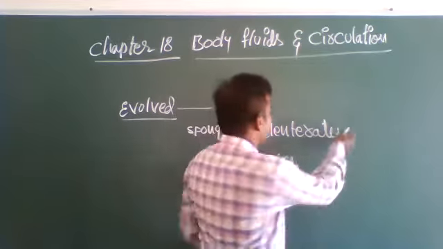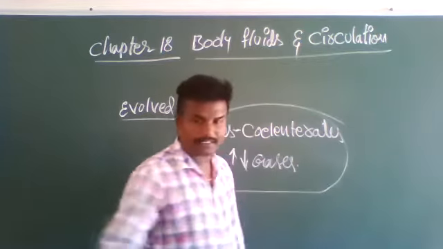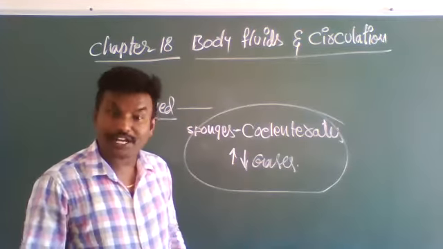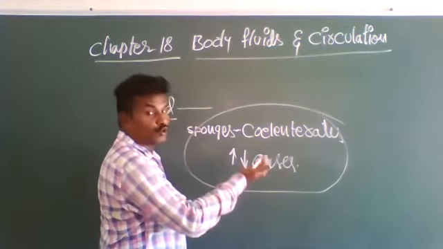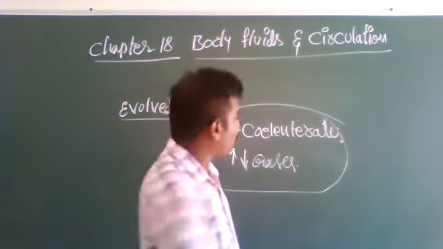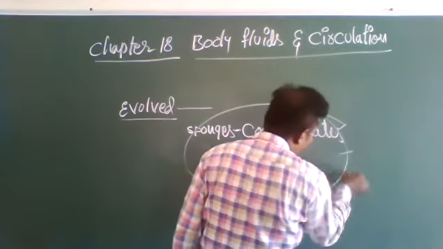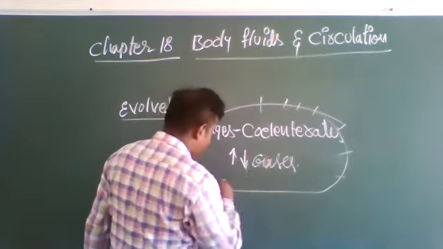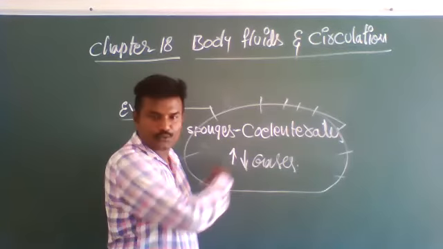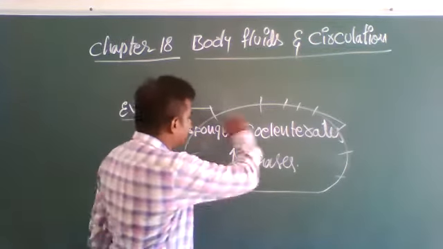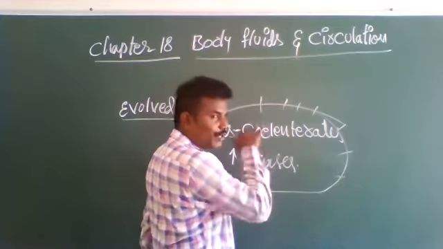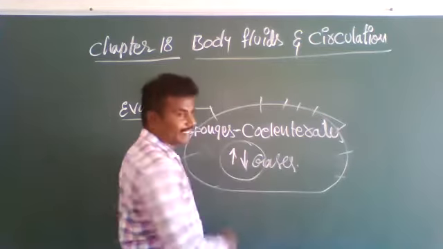These two organisms circulate the water from the surroundings through their body cavity. Through their body only, they circulate water from their surroundings to facilitate the body cells to exchange gases.